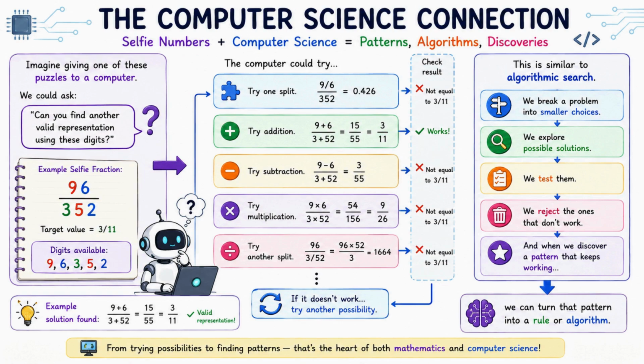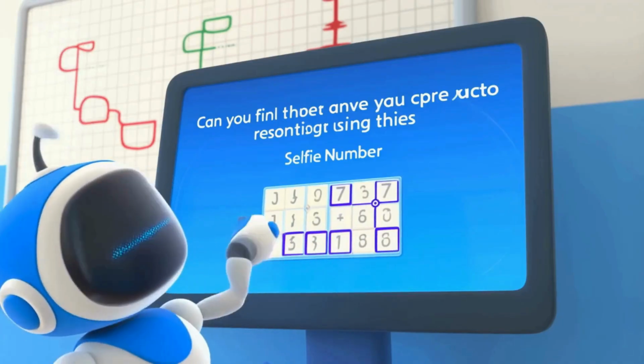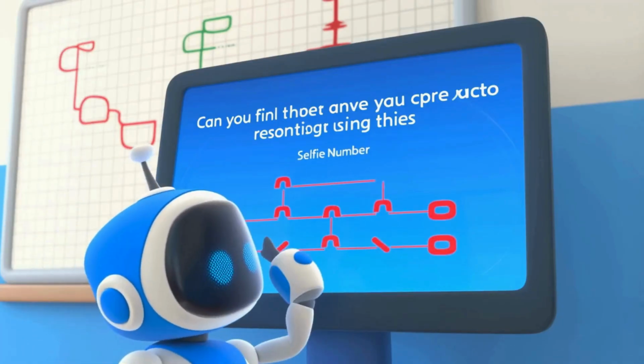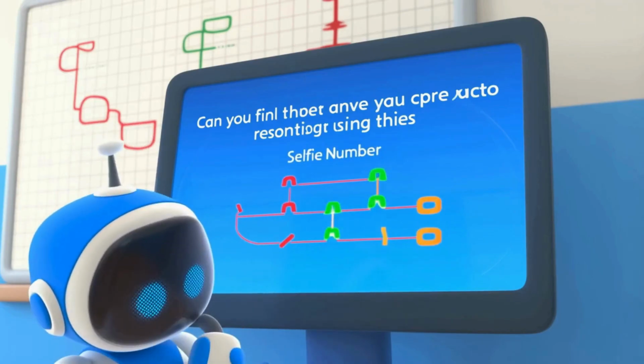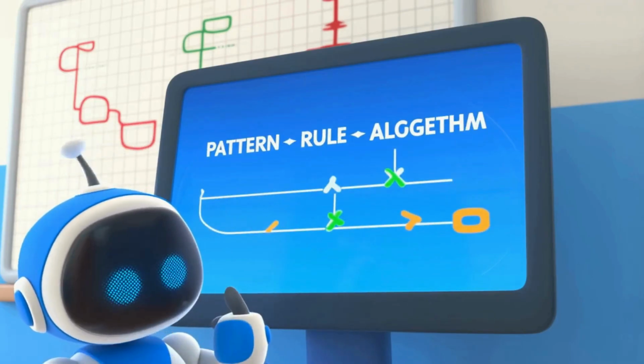If it doesn't work, try another possibility. This is similar to algorithmic search. We break a problem into smaller choices. We explore possible solutions. We test them. We reject the ones that don't work. And when we discover a pattern that keeps working, we can turn that pattern into a rule or algorithm.